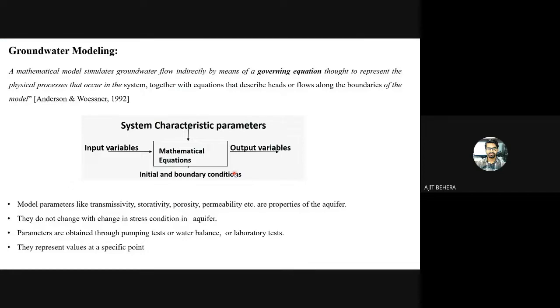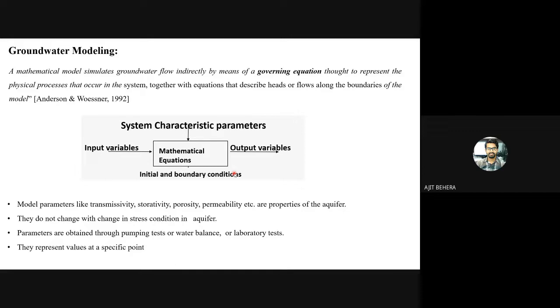Groundwater modeling is basically a mathematical model that simulates groundwater flow indirectly by means of a governing equation that represents the physical processes that occur in the system, together with equations that describe heads and flows along the boundaries of the model.